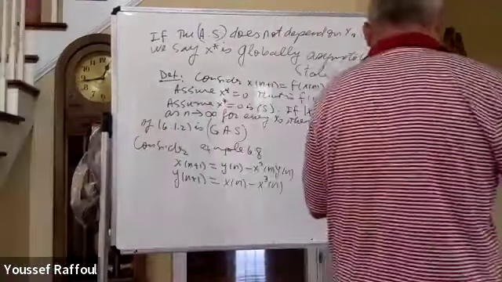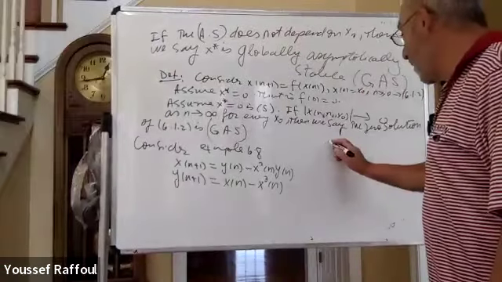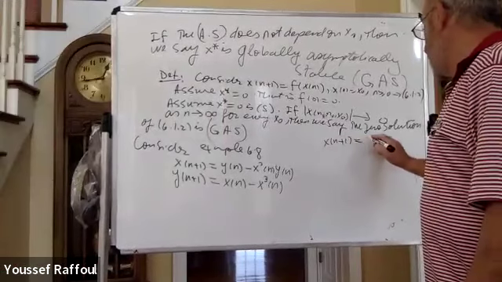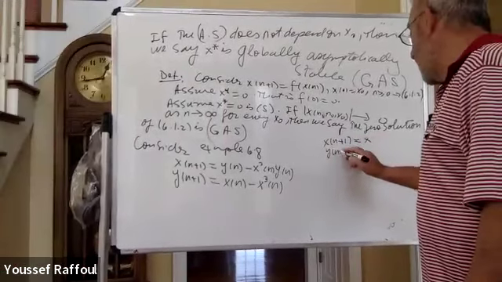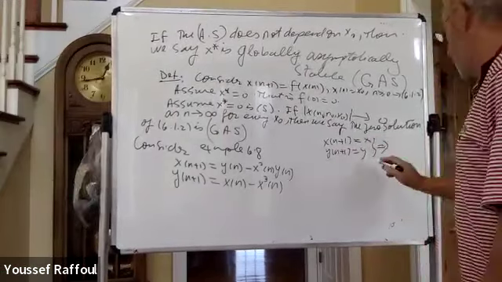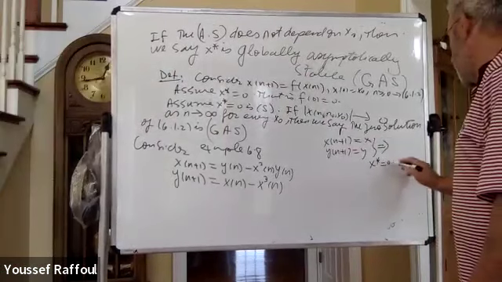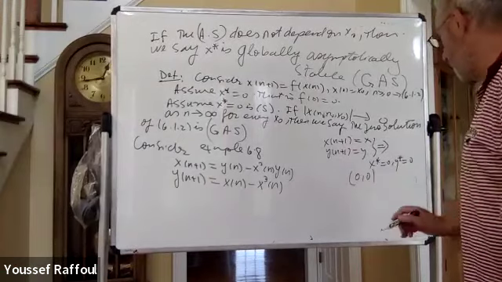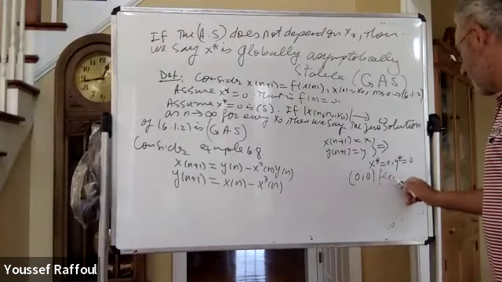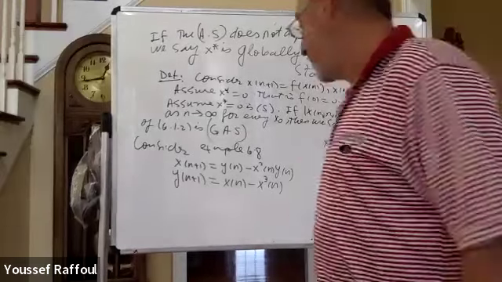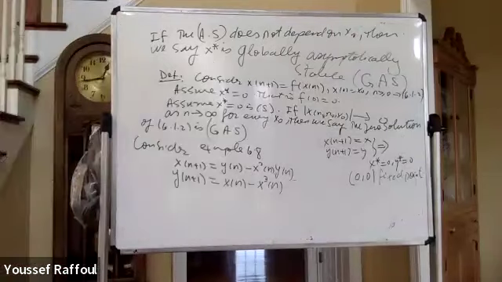Now clearly x(n+1) equal x and y(n+1) equal y implies x star equals 0, y star equals 0. So we have (0, 0) as a fixed point. You can verify.